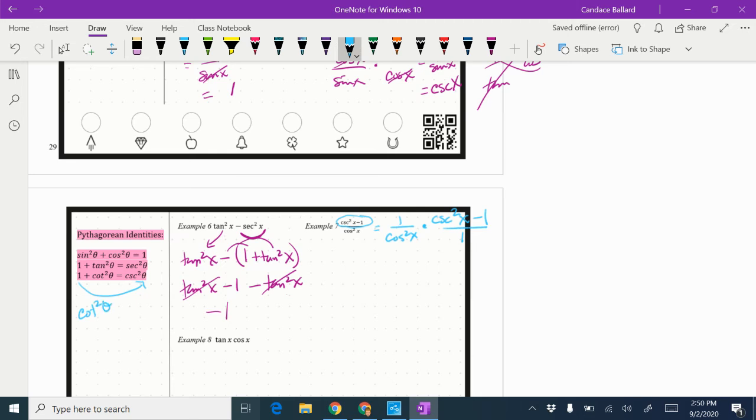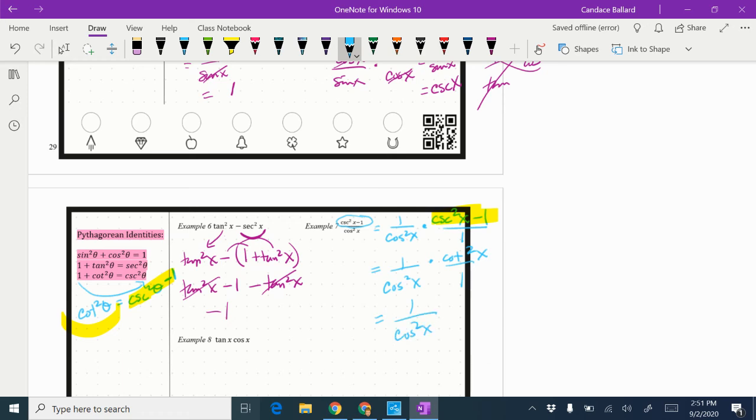So cotangent squared theta equals cosecant squared theta minus 1. Do you notice how this and this are the same? So that means I can replace it or substitute in the cotangent squared. So 1 over cosine squared x times cotangent squared x, technically over 1. Now, I know that cotangent can be rewritten as cosine over sine, and we're not worried about the squared.